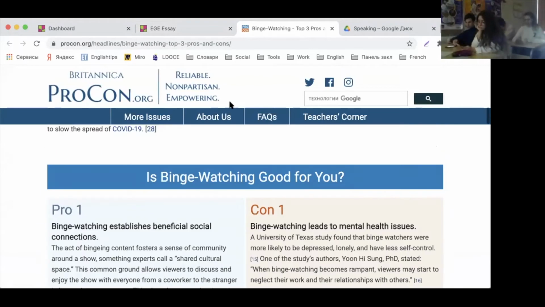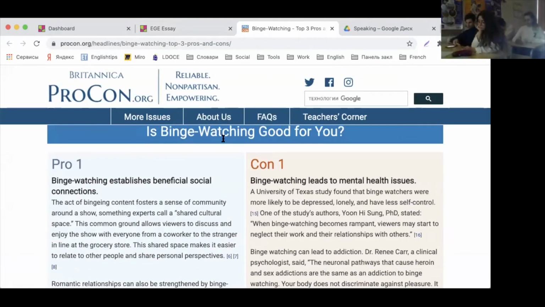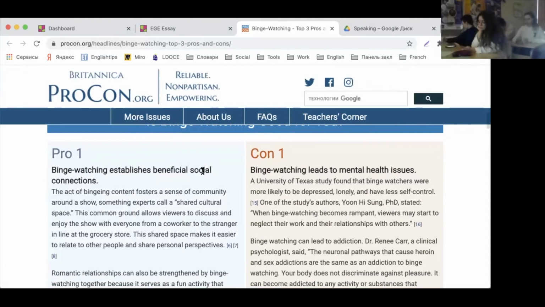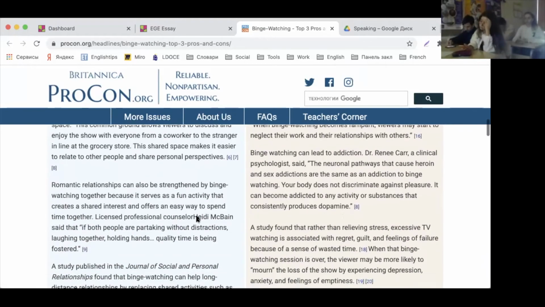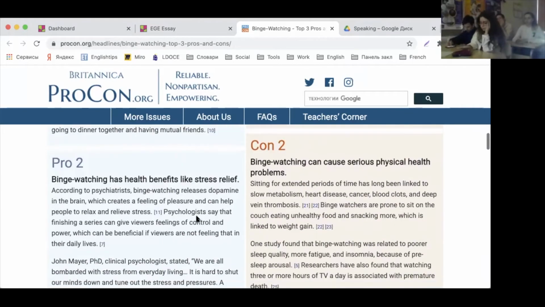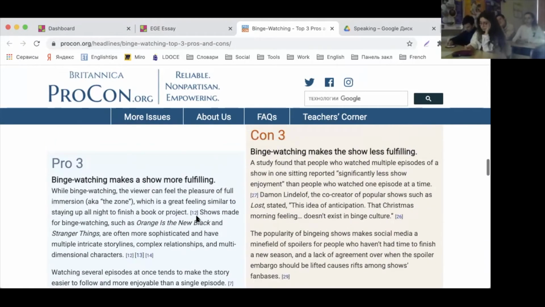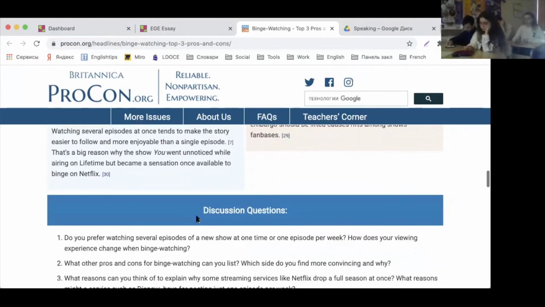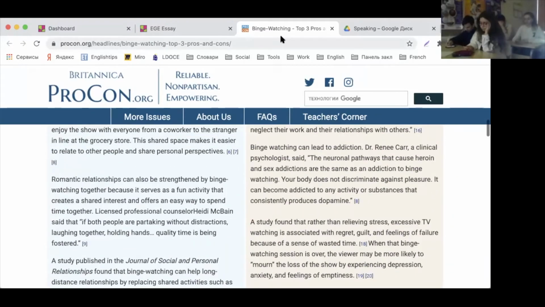The articles are structured in an interesting way: two columns, a blue column with the pros and an orange-pink column with the cons. All in all, we have three of them.